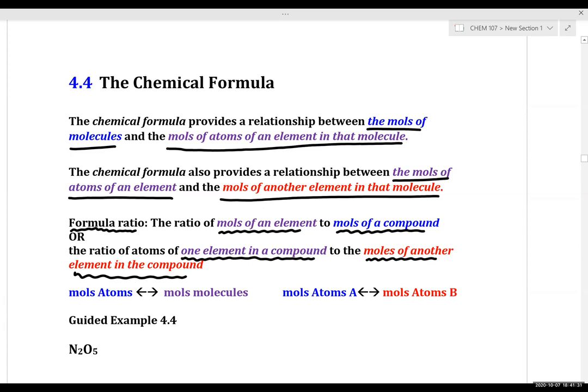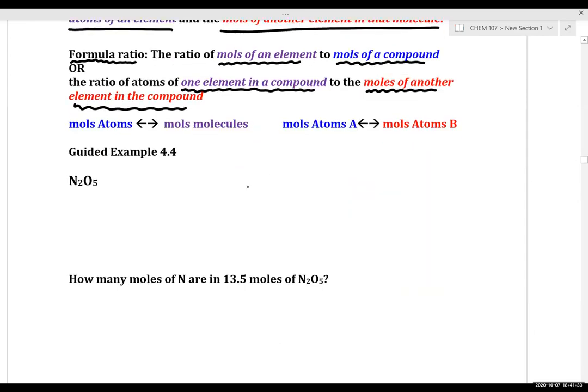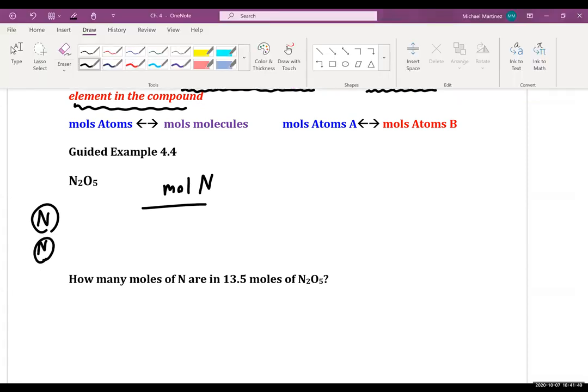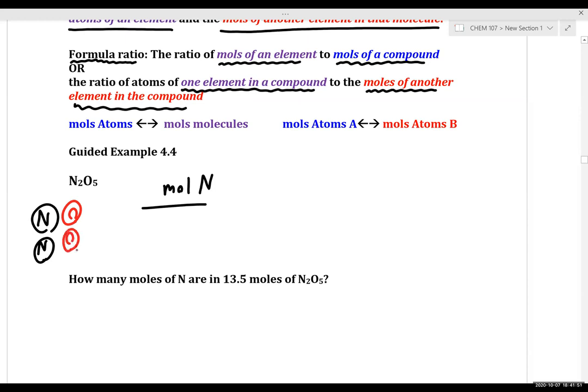Okay, so let's look at an example. For N2O5, how many nitrogens do we have in N2O5? How many nitrogens do we see? Let's draw a picture. I find when in doubt, you might as well just draw a picture.